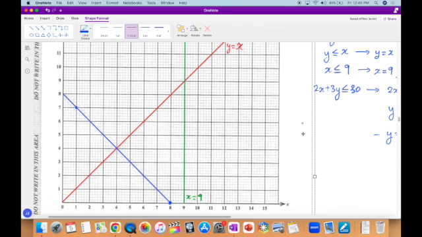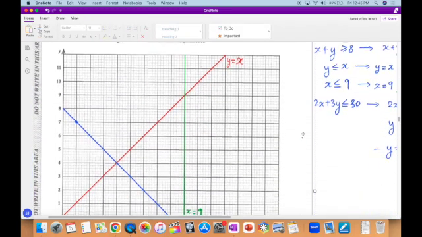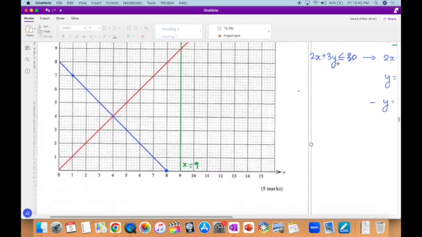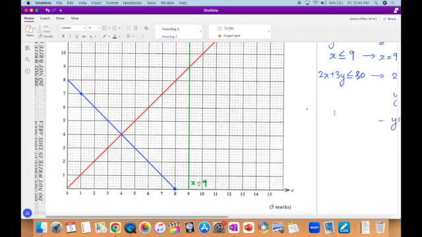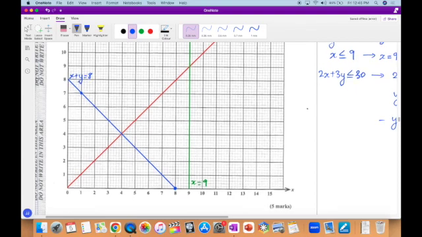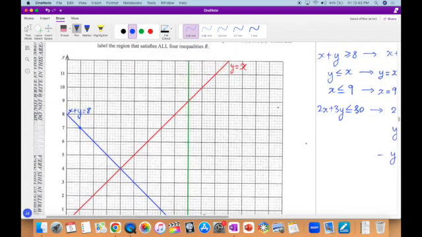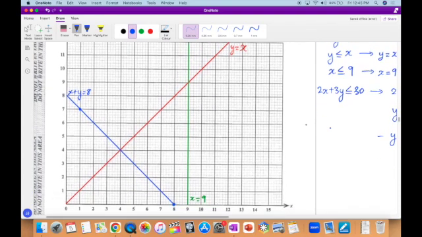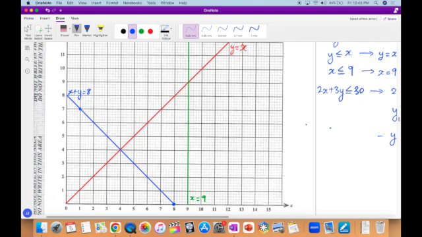So this is the line x plus y equals 8. We don't have to write it as mx plus c when labeling it. I'm using the original version when labeling it, just so that I wouldn't get confused.